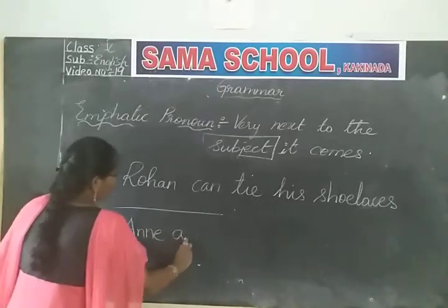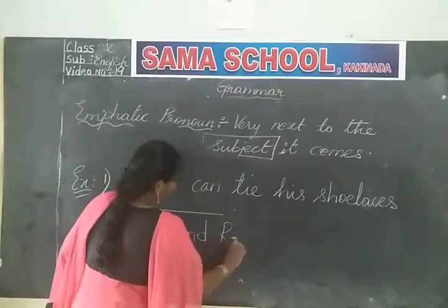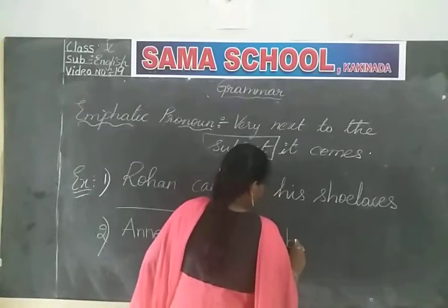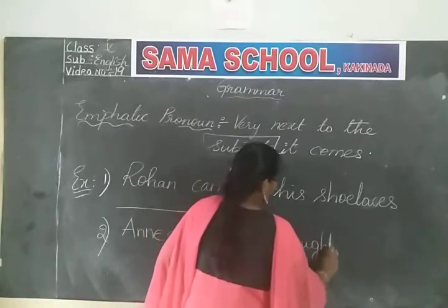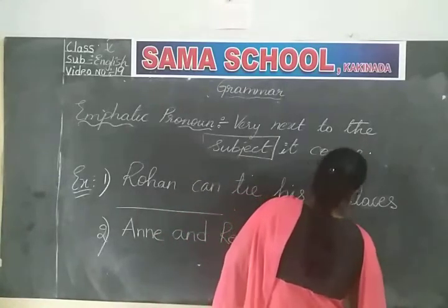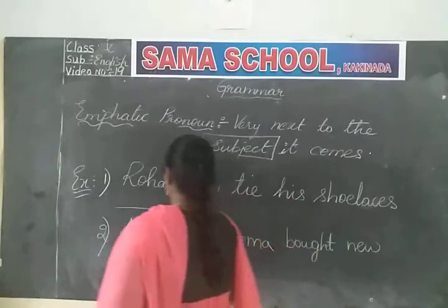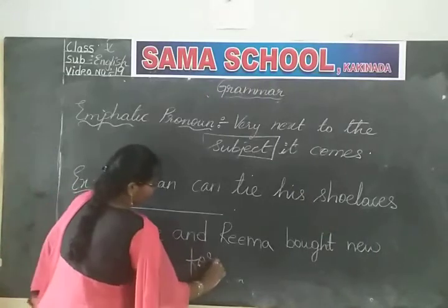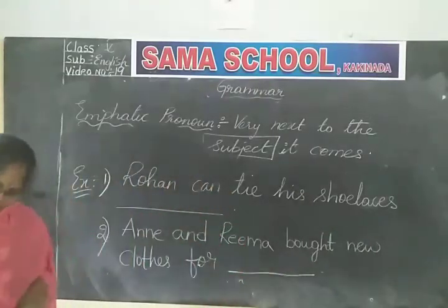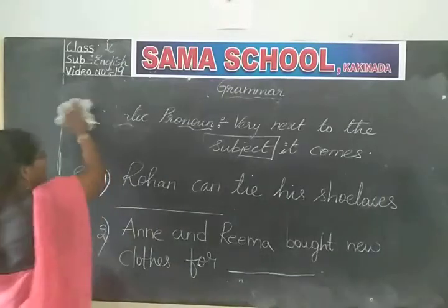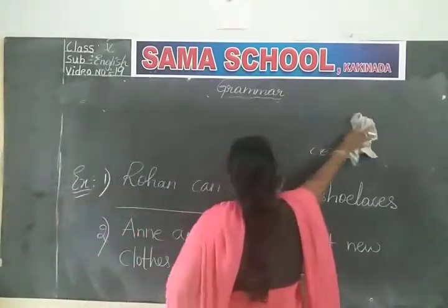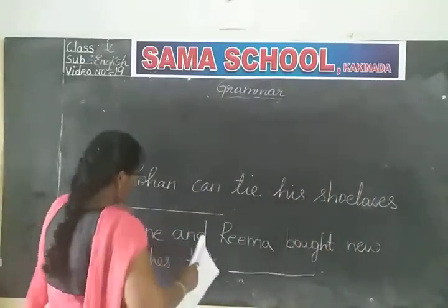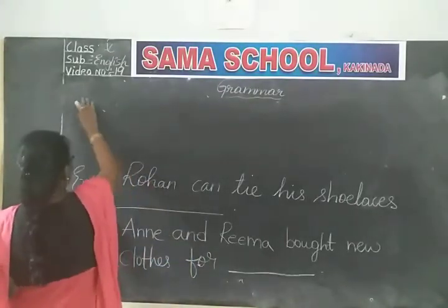Annie and Rima bought new clothes for dash. I'm erasing this one, so I'll write the example. One more example here: Annie and Rima bought new clothes for dash. One more.